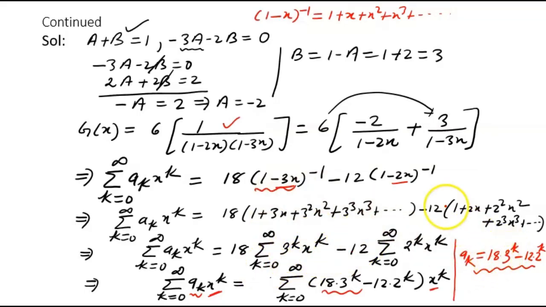We got my answer. So let me write the answer clearly here. Possibly for some of you it will be slightly difficult. So 18 into 3 to the power k minus 12 into 2 to the power k. So that is my solution. Okay, so now let us move to the next problem.